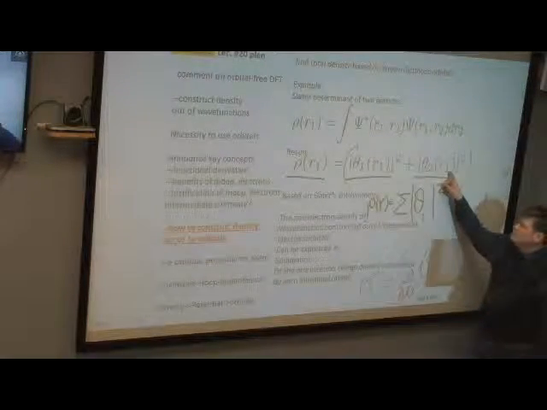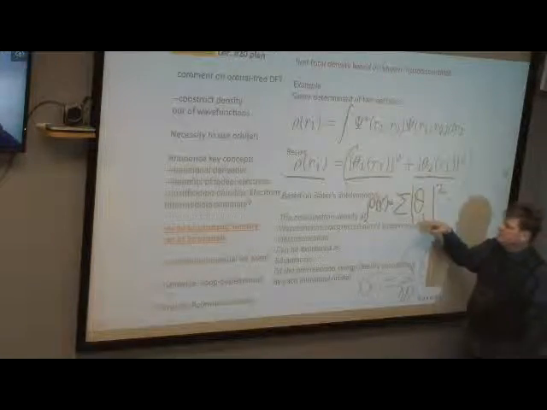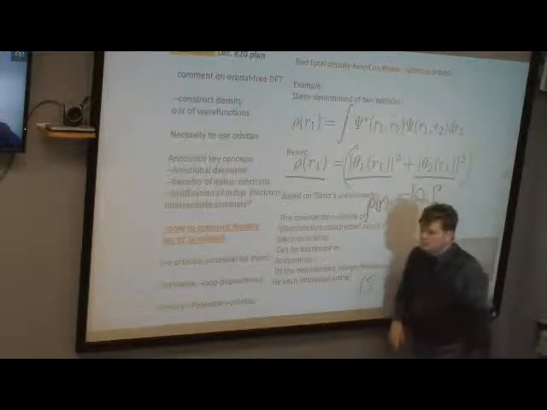And what we did here in class was for 2 electrons, but generally it is a summation for all occupied electrons, where this index i goes from 1 to the number of electrons.